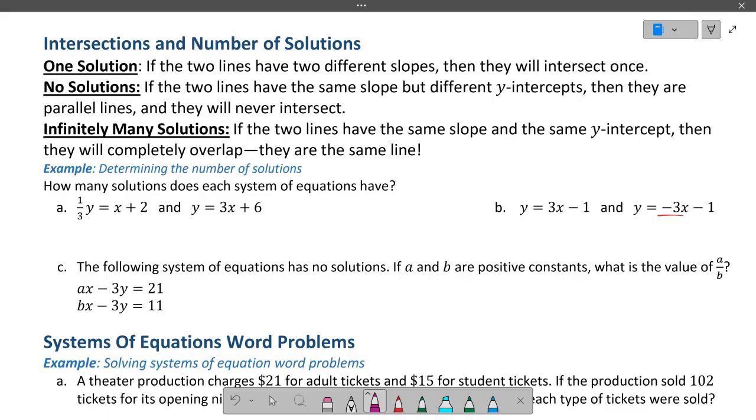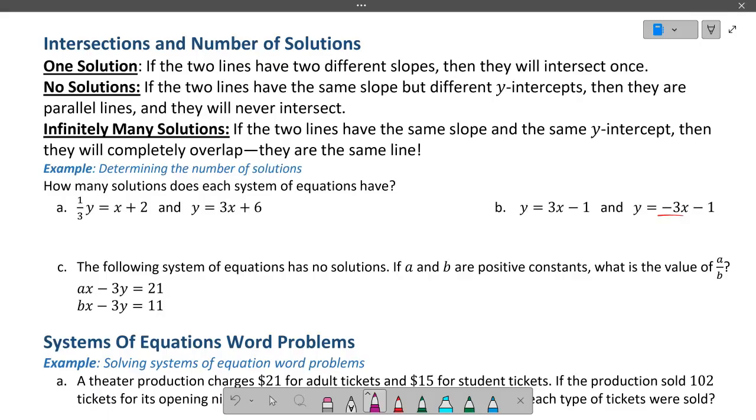And then if I have 2 lines with the same slope and the same y-intercept, that definitionally makes them the same line. If they're the same line, then they have an infinite number of solutions because they completely overlap. So every point on that line is a solution. Okay?